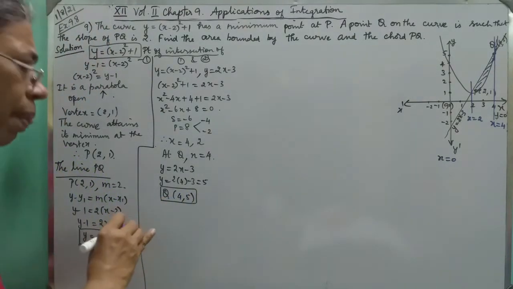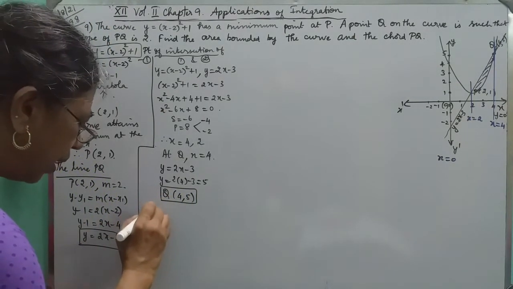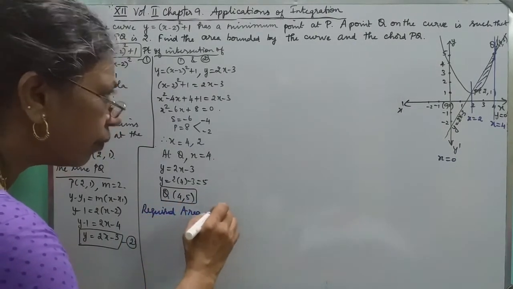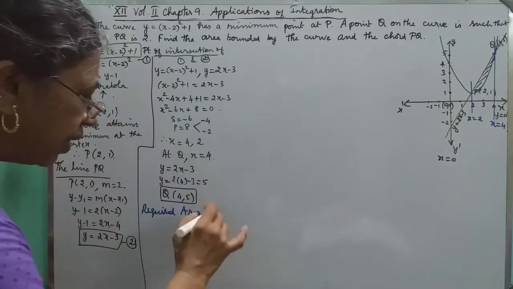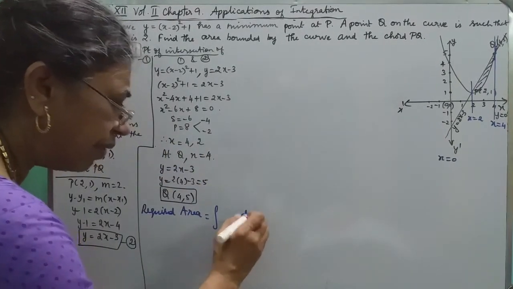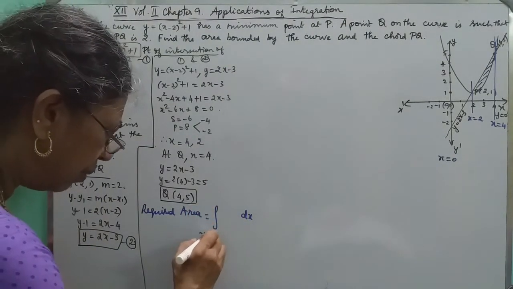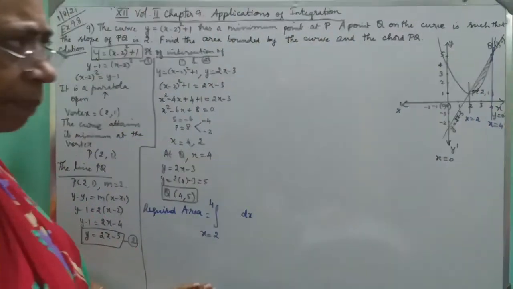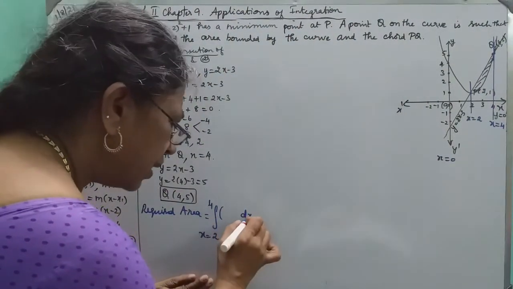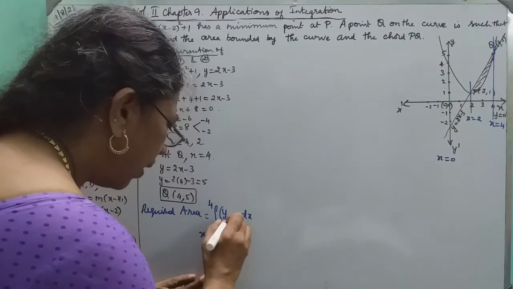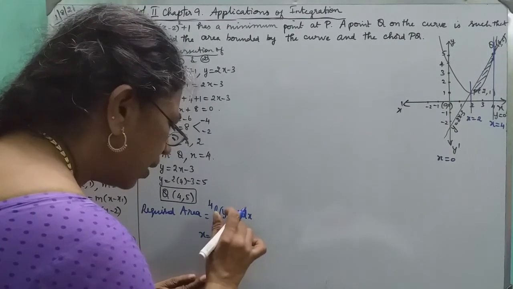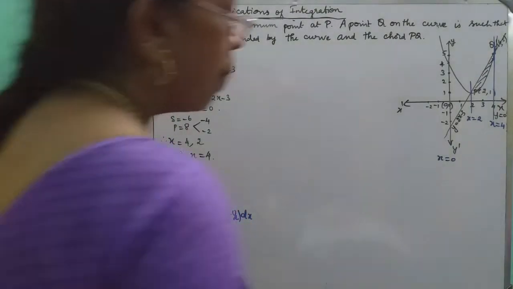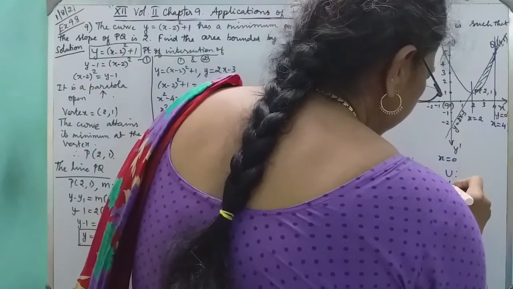So now we can write the area formula. Required area: here the area is in between the 2 verticals. So the formula is, here we will have dx and the limits x is equal to 2 to 4. So actually which curve is upper? Since here dx is there, it will be y upper minus y lower, that is upper curve's y minus lower curve's y.